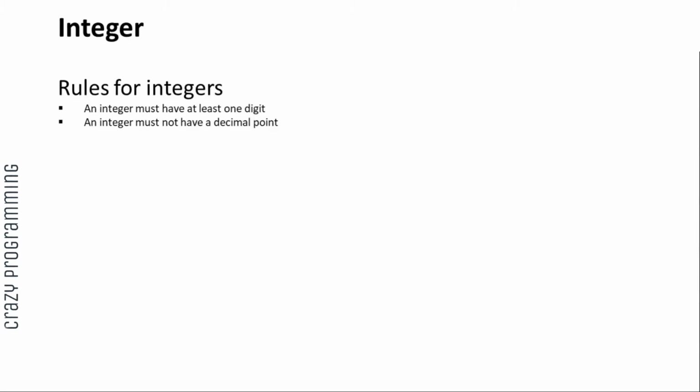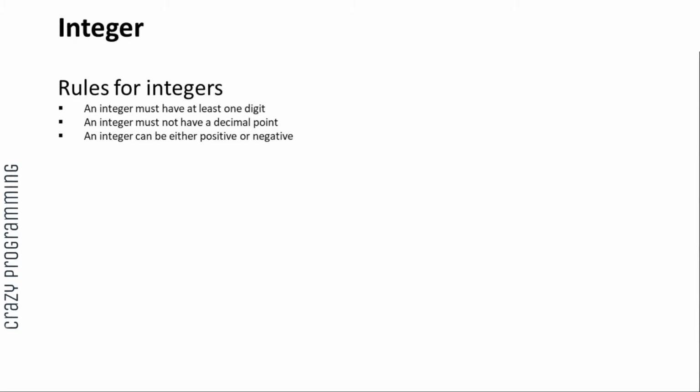Now about integer. Okay, so first we will understand the rules of integers. The first rule is an integer must have at least one digit. We know what an integer is, so at least one digit is required according to the rule. And the second rule, an integer must not have a decimal point.